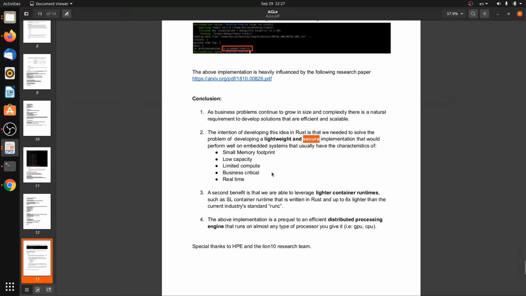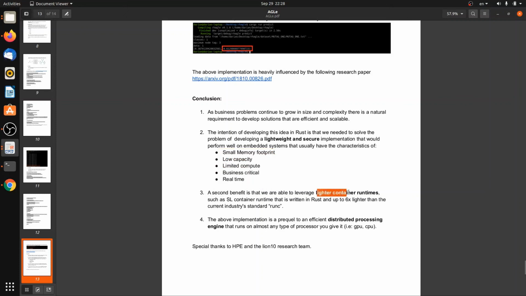Whenever we're talking about embedded systems, think of a cell phone sort of thing: you don't have too much memory, there's no capacity. You're basically constrained on every front, right? This needs to be business critical, safe, and process data in real time. It's not an easy task, but the Rust language is actually pretty cool. It takes some time to learn, but it helps us accomplish these tasks.